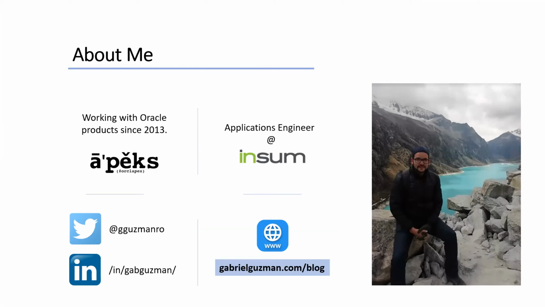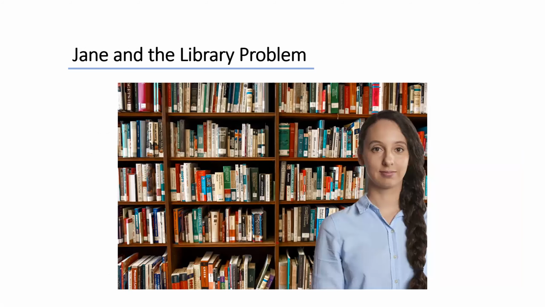I will be talking about Apex and Oracle Text from a practical point of view. I want to use an example, and for that, I will present you Jane. Jane is a recent student that graduated from her college, and she wants to improve and to be on the state of the art of the technology.